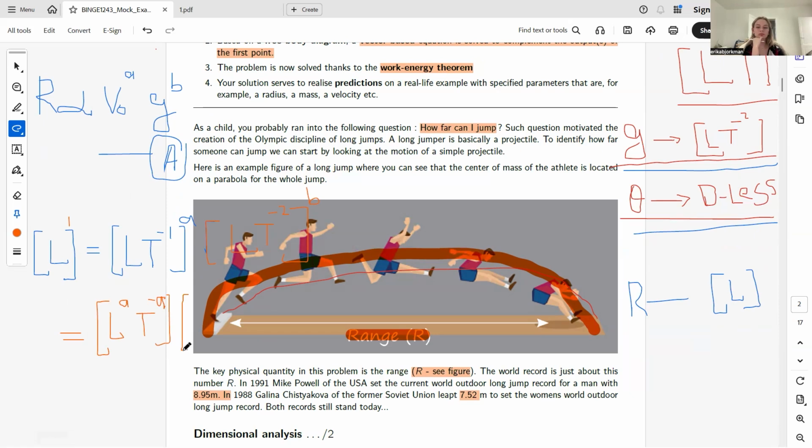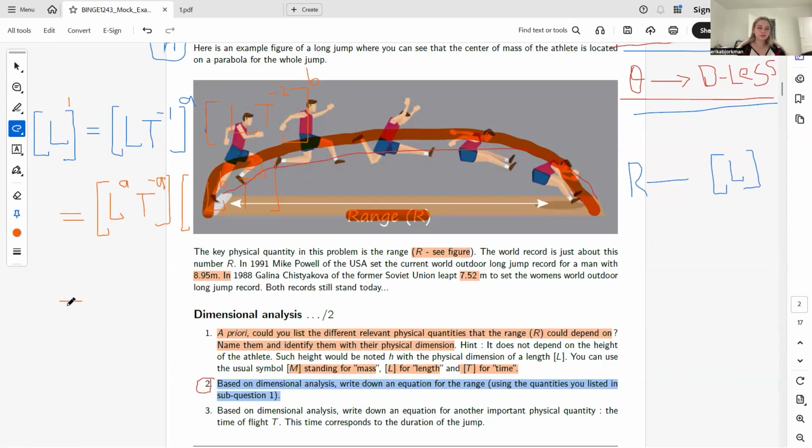Similarly, in the second bracket, L raised to the power B and T raised to the power minus 2B, because here we have LT inverse squared. Now, as they are in product form, we can write them in the same bracket.